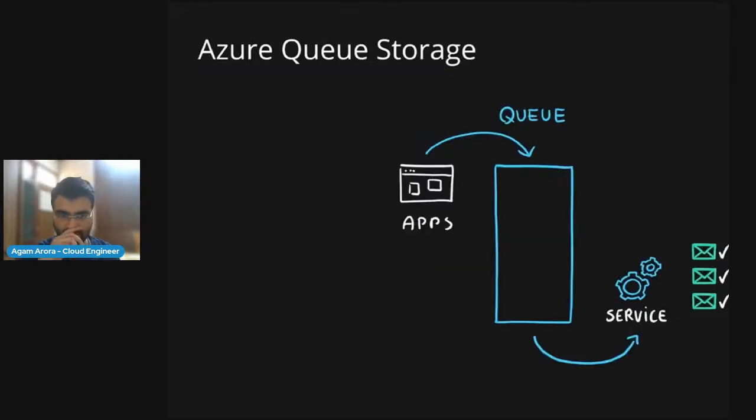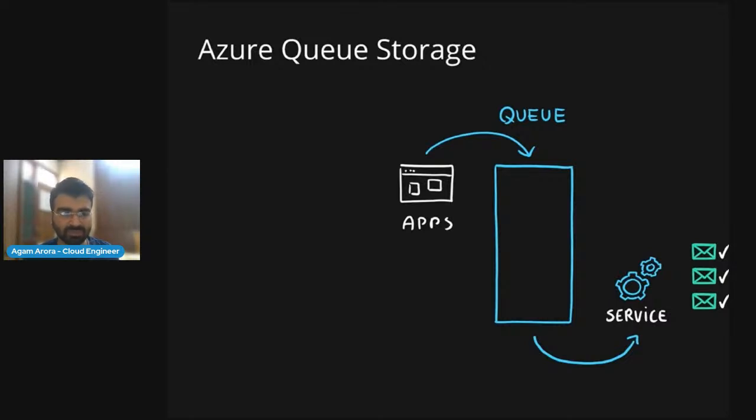So next is the queue storage. What happens is that applications want to talk to each other, or to some service. Let's say the application is Uber, and they want to talk to the Google Maps API. But currently it's busy, so it's not responding.